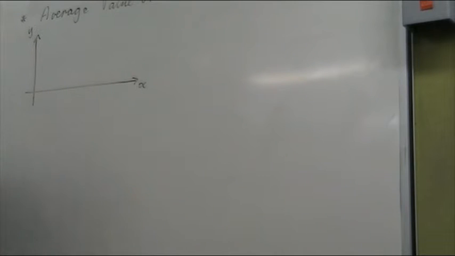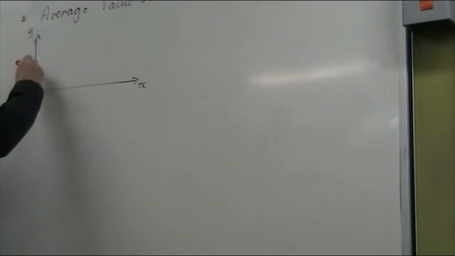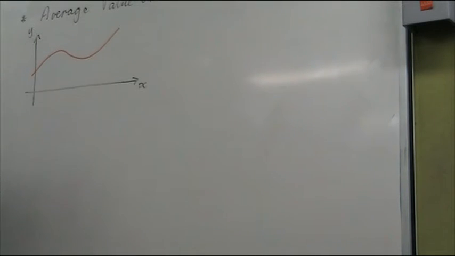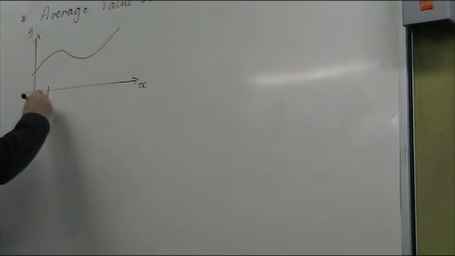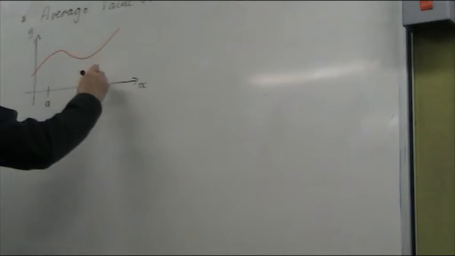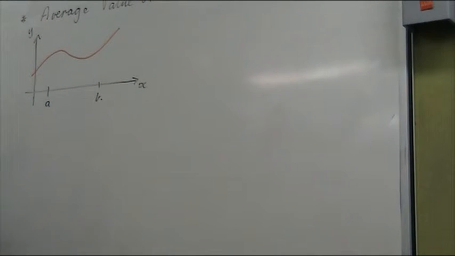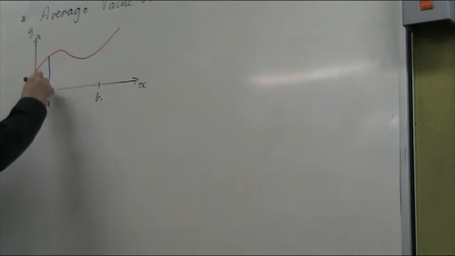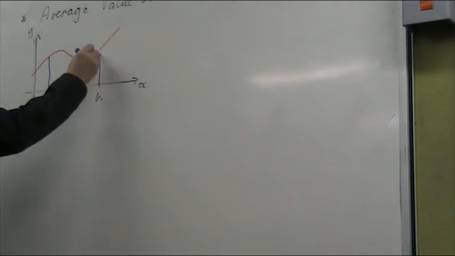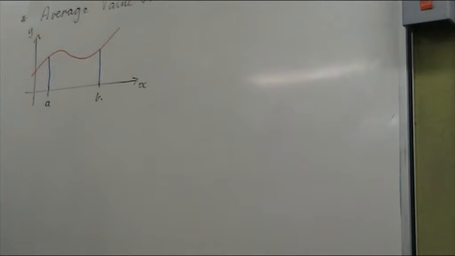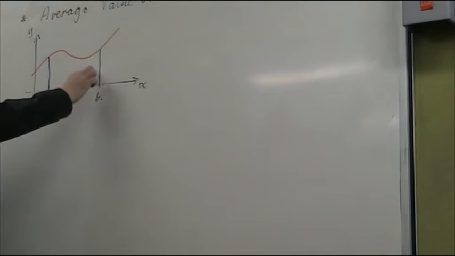If I have a curve like this, for example, and we've got this interval between A and B, all right, so there's this area in here.